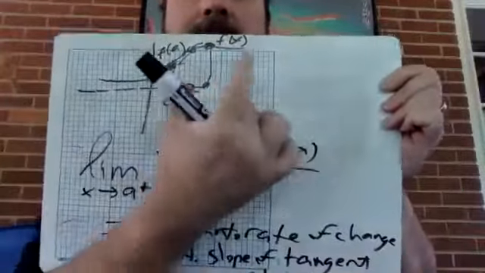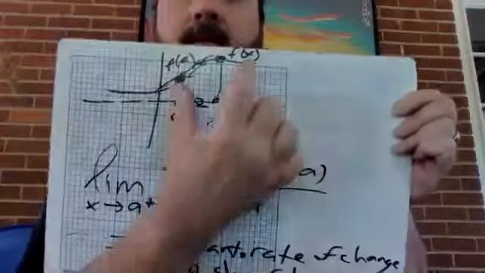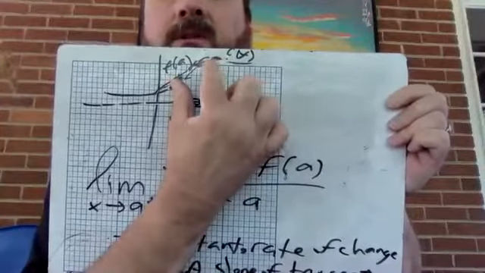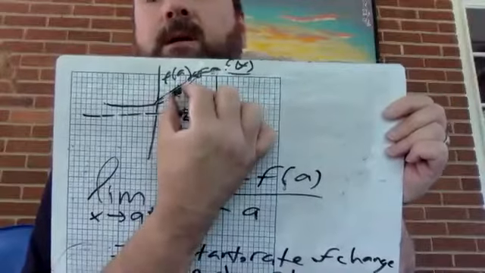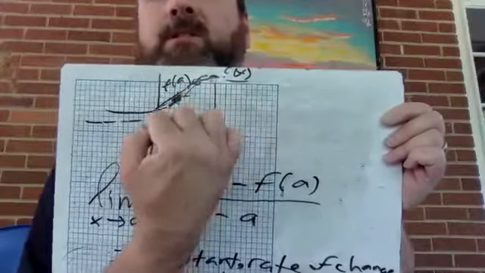I'm just saying, the secant line slope, as it's getting closer and closer to that point, is going to get really close to the slope of the tangent line that just rests on that point.